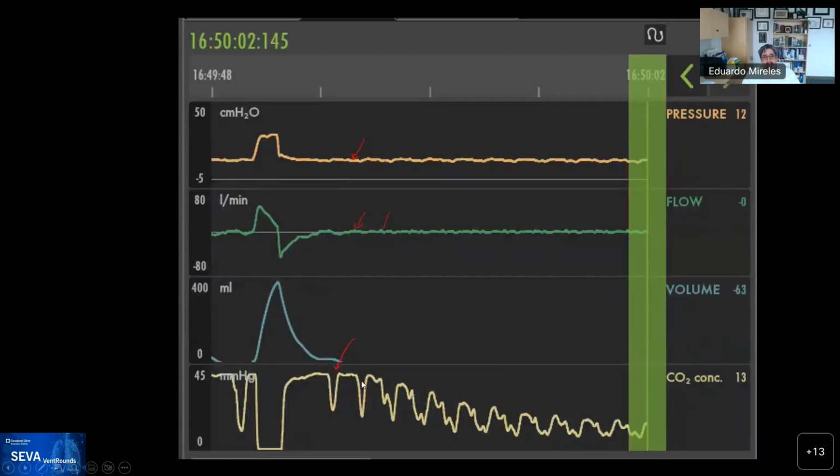And you can see the size of the oscillations that the patient is having are big enough for the patient. This is really interesting to see.